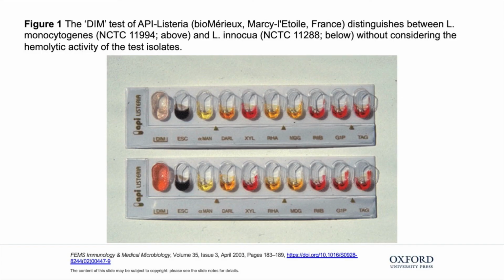Here's just an example of the Listeria API test with the Listeria monocytogenes on the top and Listeria innocua on the bottom. On Wednesday, you will have a video come up of how to perform an API test strip. It won't be for Listeria because I couldn't find a very good video, but it will be to show you how the different testing methods work on a different kind of test strip.